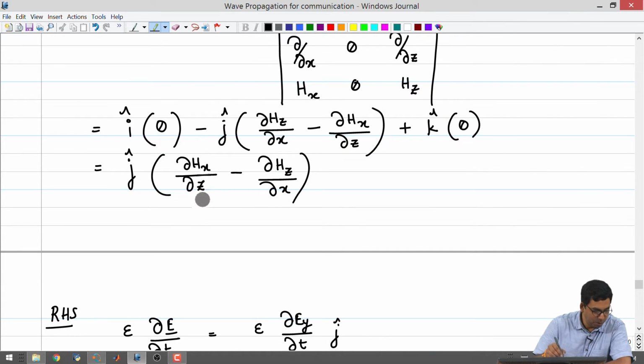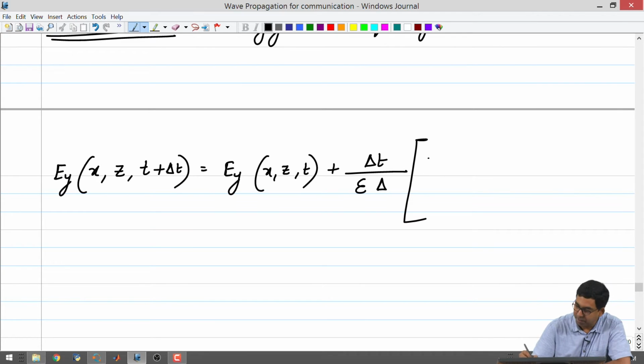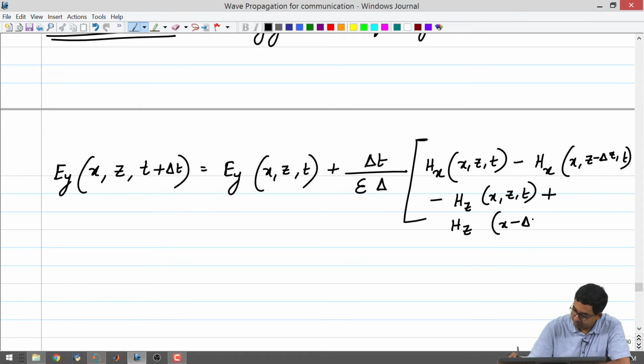Okay. So, I have ∂Hx/∂z minus ∂Hz/∂x. So, I can write down the difference form of that here, right. So, I will be having Hx of... okay.